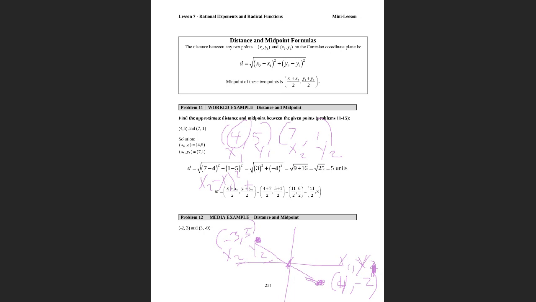Remember, you have to put the squared and then the square root. All of that is under a square root sign. And then with your calculator, you solve.